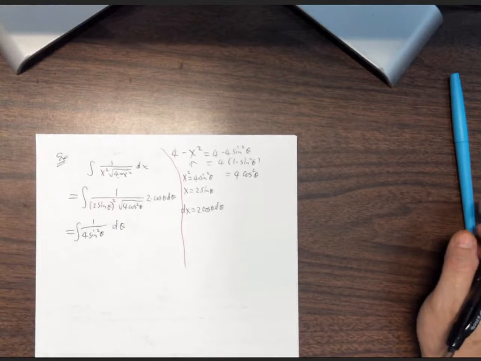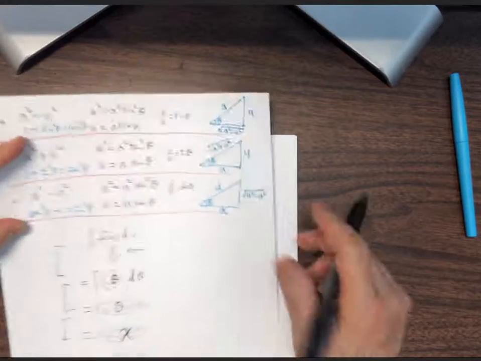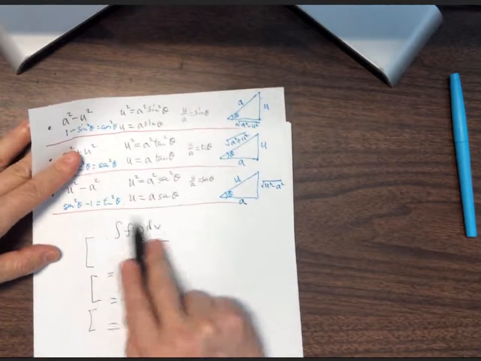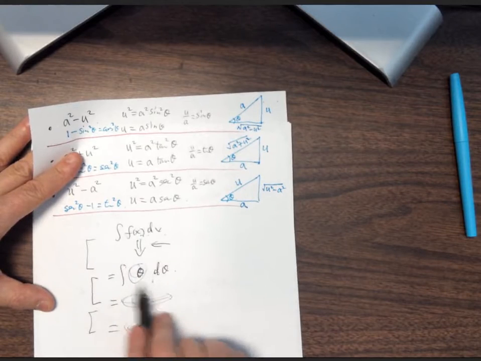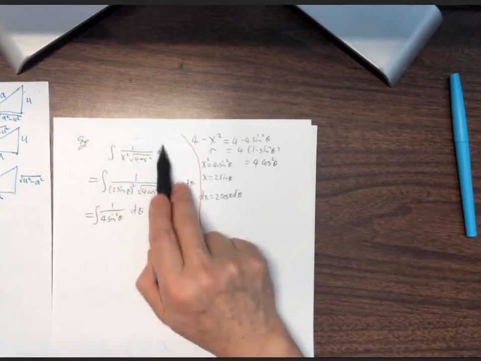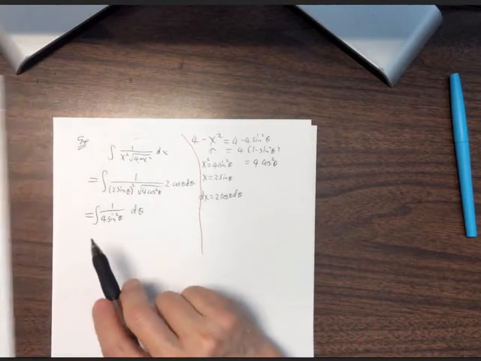We're done with part 1. The integral involving x turned into an integral involving theta, a trig integral.